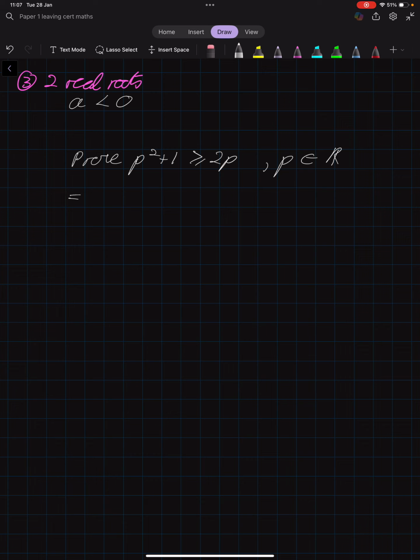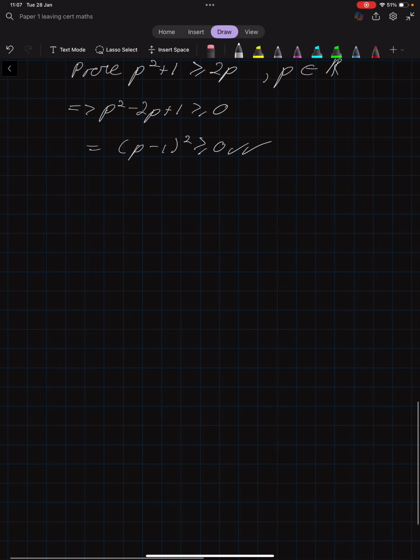So I can say this is equal to p squared minus 2p plus 1 is greater than or equal to 0. And this is equal to (p minus 1) squared, which is indeed greater than 0. So you always want to change it in such a way that you can show that it's basically greater than 0, you know? That's all.